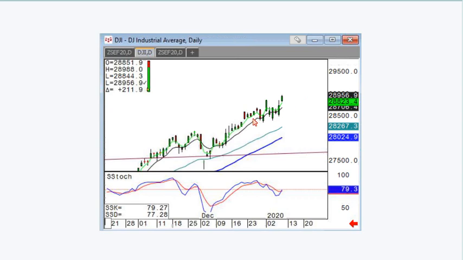But as long as this trend stays above the T line, you can stay with it.